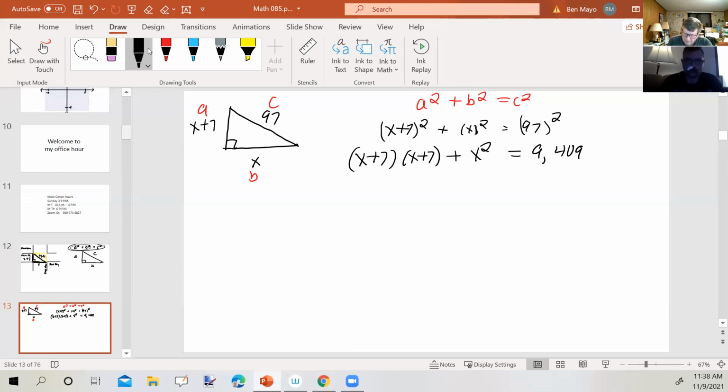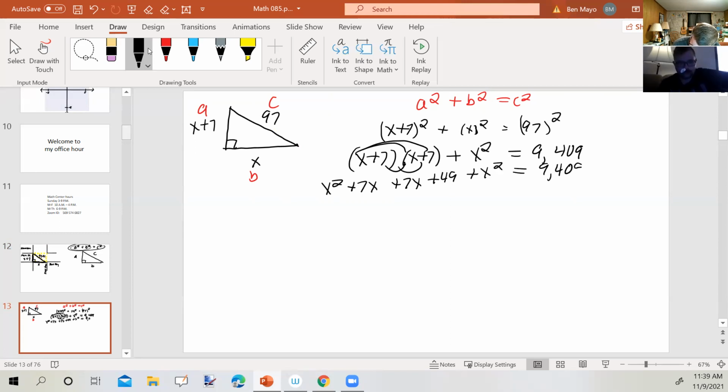So foiling together the x plus 7 times x plus 7, we get x squared plus 7x plus 7x plus 49, plus x squared equals 9,409.